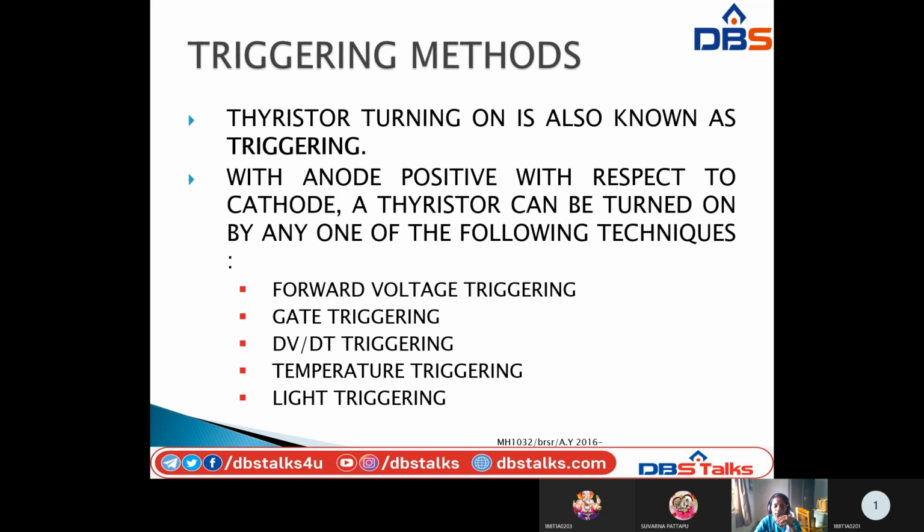Light triggering uses photons; by applying photons in the P layer, the thyristor will be turned on. Light triggering is used in HVDC transmission systems. Okay, this is our class.